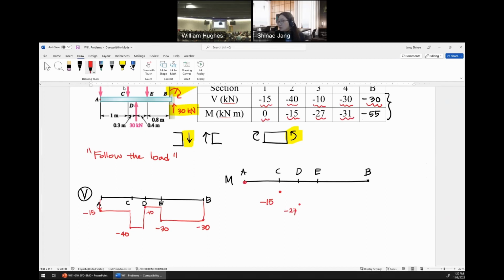And then minus 31, a little bit lower. And then minus 55. So here, minus 55, right? And now for the moment, we can connect these dots together, something like this, this, this, and this, right? And the moment at B is minus 55.